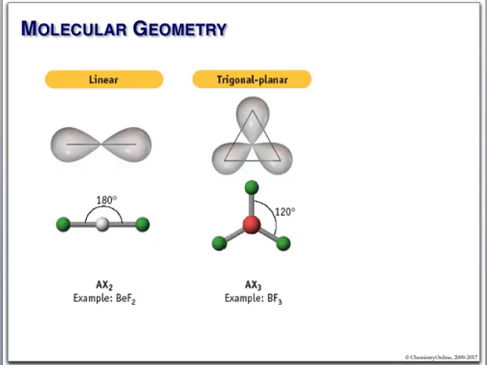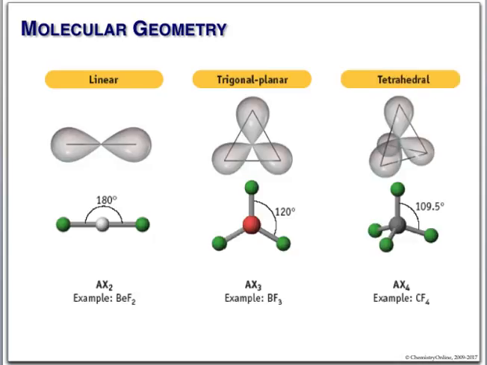And if we have 4 things around it, we have tetrahedral. Again, in a tetrahedron, so tetrahedral geometry, all the angles are the same, they're 109, all the distances are the same, and the central atom is lifted up a bit off of the bottom plane.